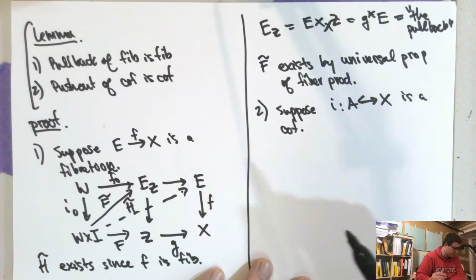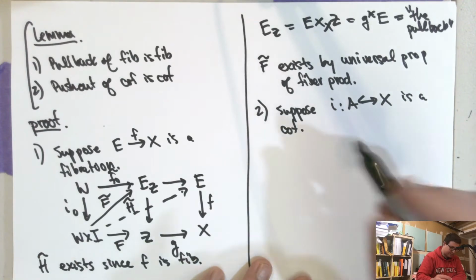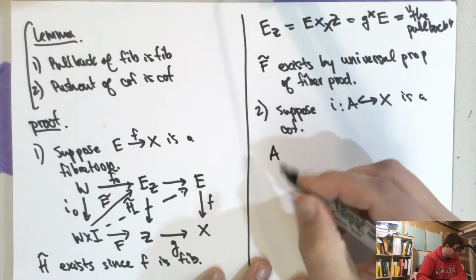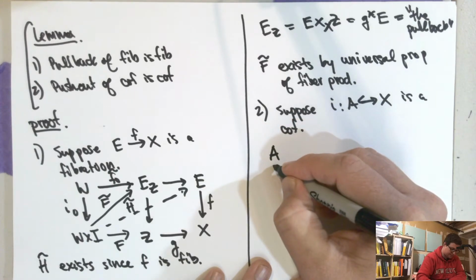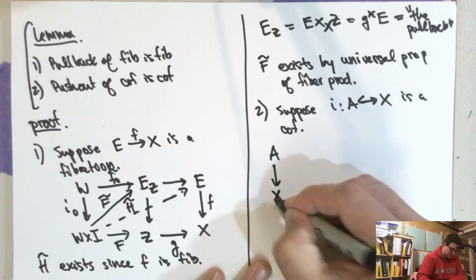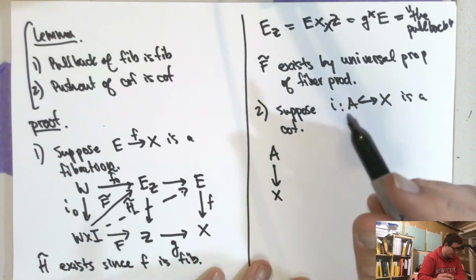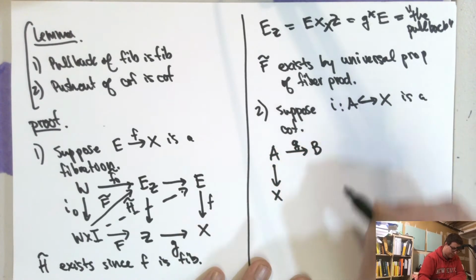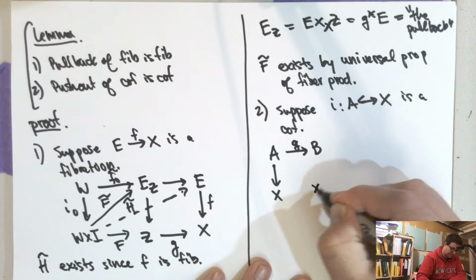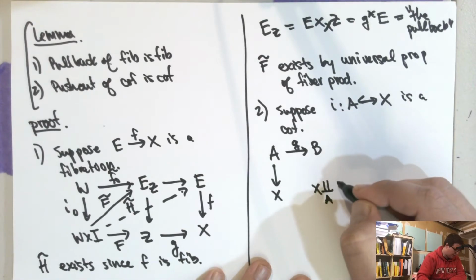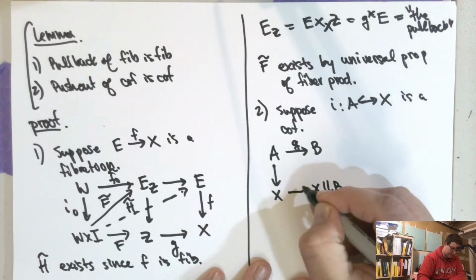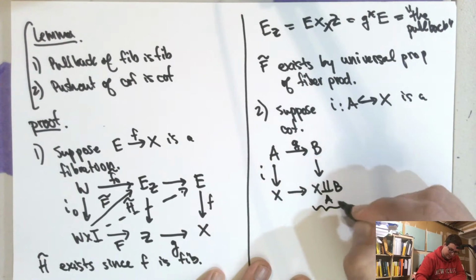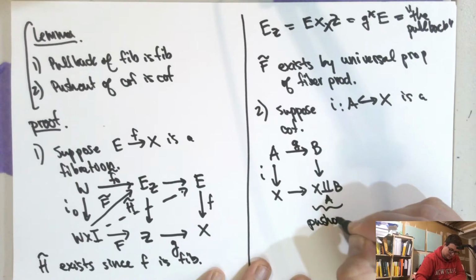So here's what we'll do. We'll have A to X, and then a map from A to B, which is our map G. Then we have the pushout, X over A of B. This map here is our map i, and this is the pushout.